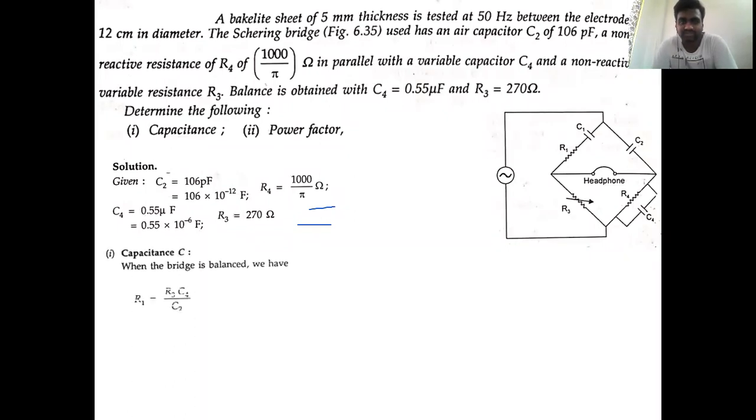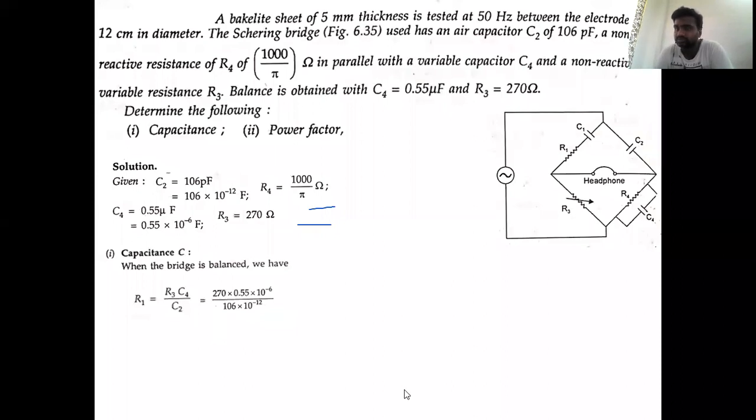What is the resistance expression? R1 is equal to R3 C4 divided by C2. If we substitute the values, R3 is 270 ohms, C4 is 0.55 into 10 to the power of minus 6, C2 is 106 into 10 to the power of minus 12. Solve this expression, and what will be the answer?